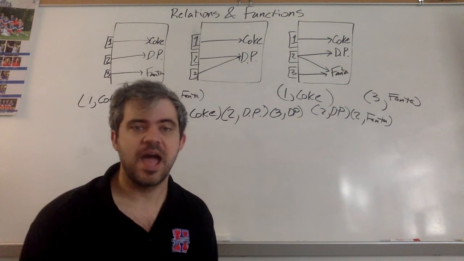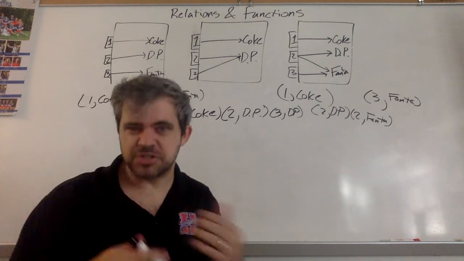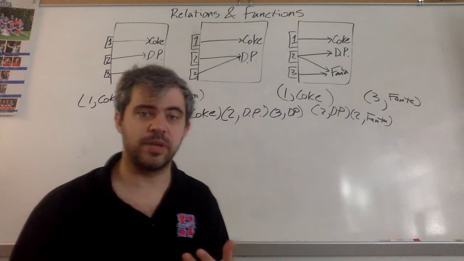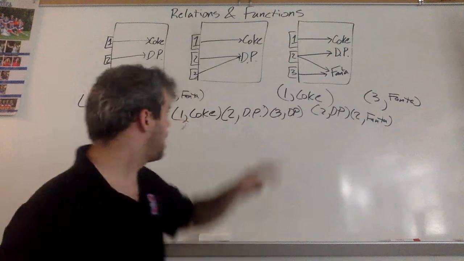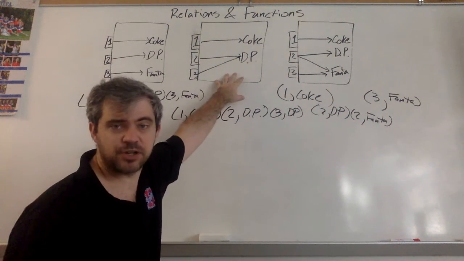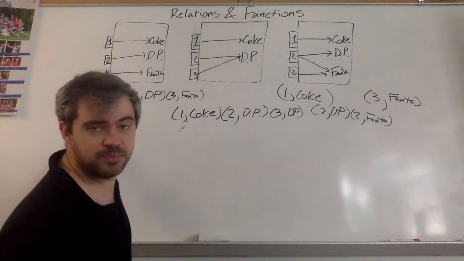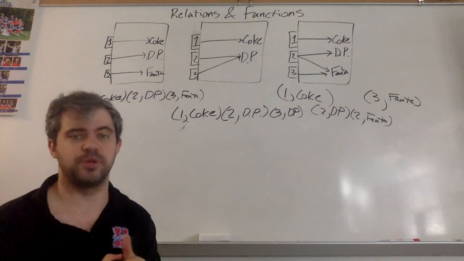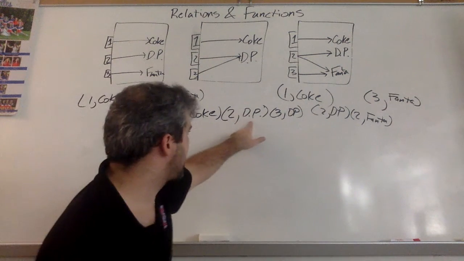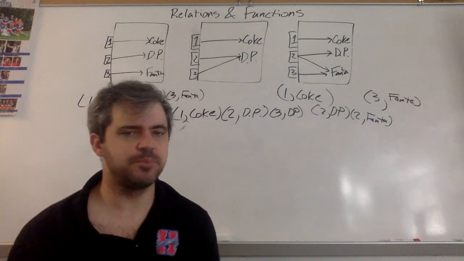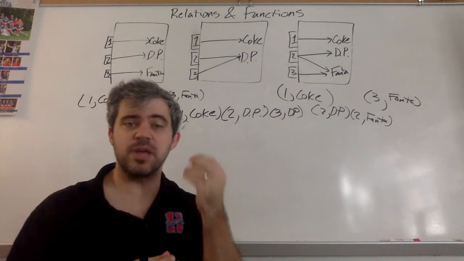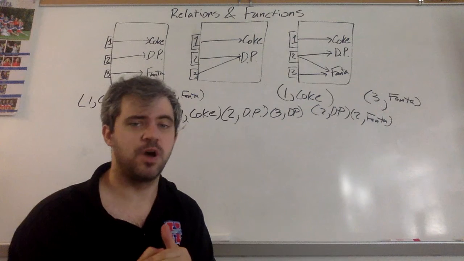So what I've just described to you is the difference between relations that are functions and aren't functions. In a relation that is a function, when you have an input, you know what the output is going to be. Now, sometimes that output will repeat, but the input shouldn't repeat, because every input should only have one output.